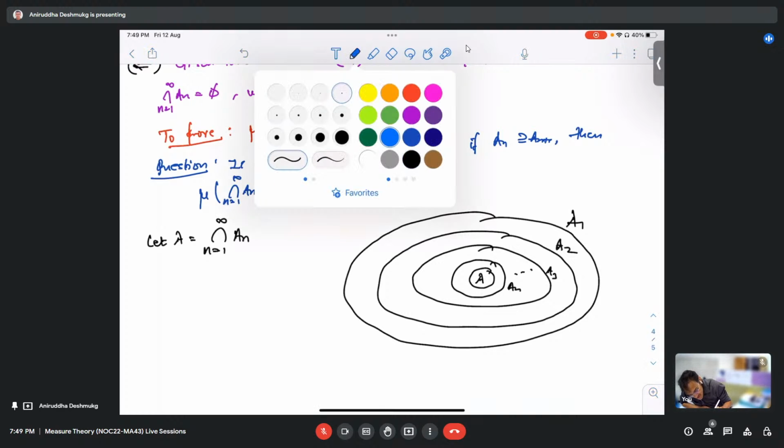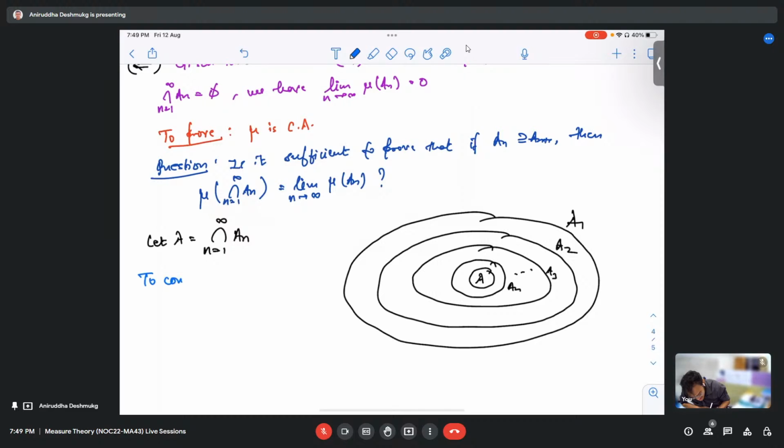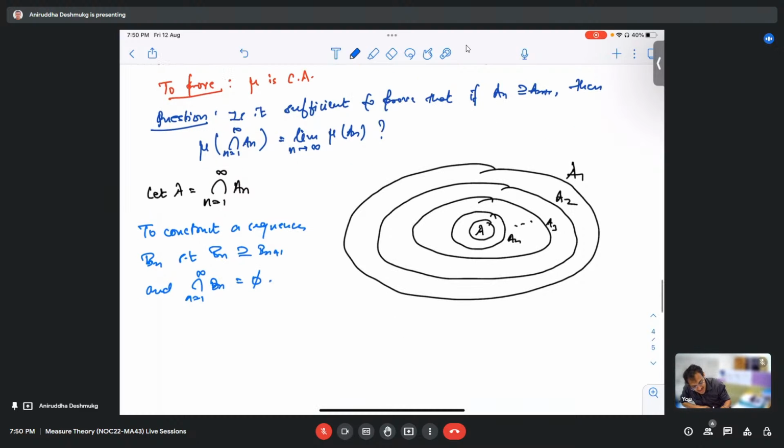So what we want to do is construct a sequence, let us call it Bn, such that Bn is decreasing and the intersection of the Bn's is empty. Can we do that using this sequence An and the intersection?